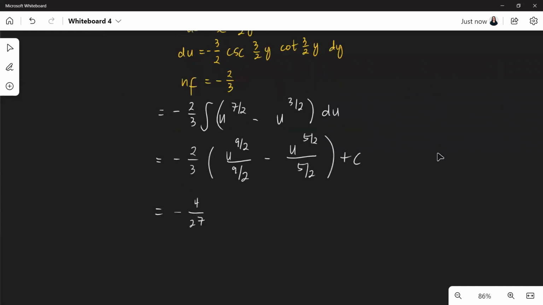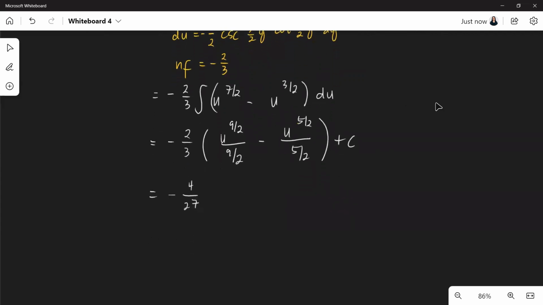You plug in cosecant 3 halves y, so it's cosecant 3 halves y raised to the power of 9 halves. And then we have plus 2/3 times 2 over 5, so that's 4 over 15, and then cosecant 3 halves y raised to the power of 5 halves plus c.